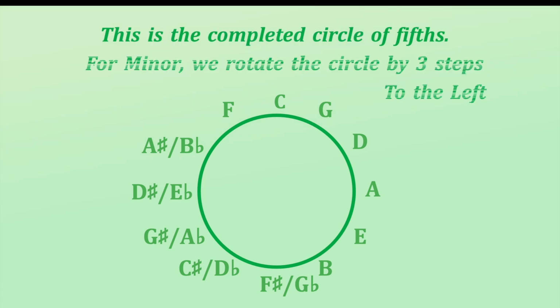To work out the inner part of the circle of fifths, we rotate the outer layer, aka the circle of fifths we've just worked out, and we rotate it 3 steps to the left. From here we can work out what chords are in the key and how we can use the circle of fifths.